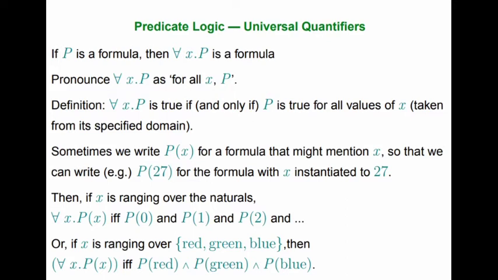Then if x is ranging over the naturals, for all x P of x if P of 0 and P of 1 and P of 2 and so on, or if x is ranging over red, green, and blue, then for all x P of x if P of red conjunction P of green conjunction P of blue.